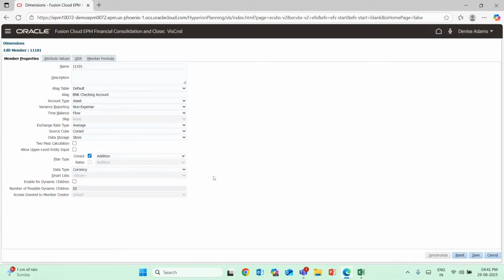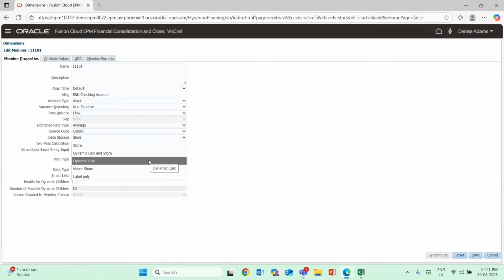Then we have dynamic calc and store. This will add up the property of dynamic calc as well as store. Both the properties will come over here.